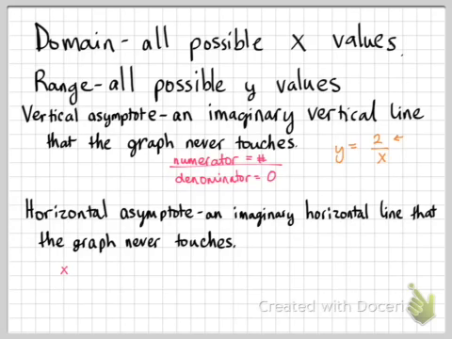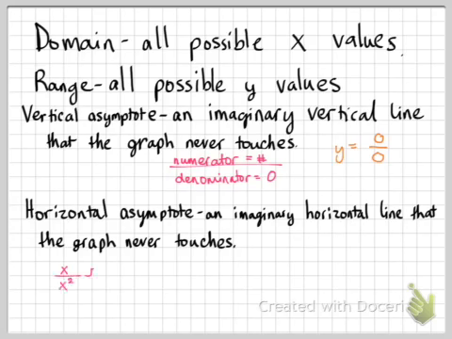But when you have a 0 in the denominator, because you can't divide by 0, you're going to have a vertical asymptote. Now, if you had a 0 in the numerator and the denominator, this causes a different type of problem, not a vertical asymptote. So vertical asymptote is just where you have a number in the numerator and a 0 in the denominator.